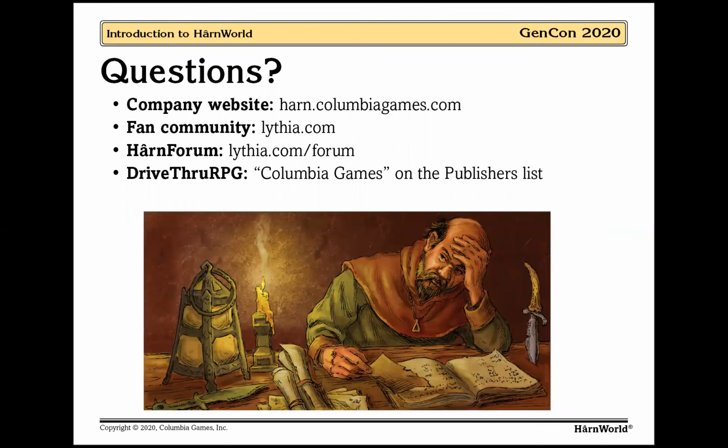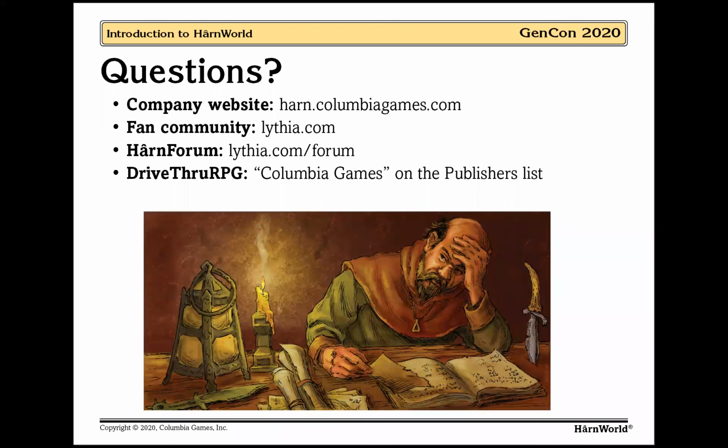The fan community is an independent community. It is not officially associated with Columbia Games, but the fans gather at lithia.com or the Harn forum, which is the discussion forum, lithia.com/forum. Great place to go if you have questions, because there are a lot of Harn nerds there that will be more than happy to answer your question.